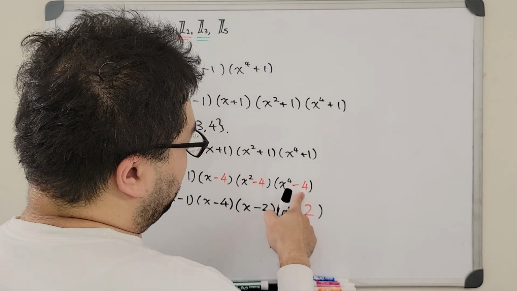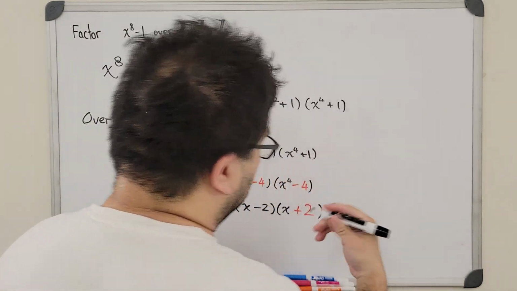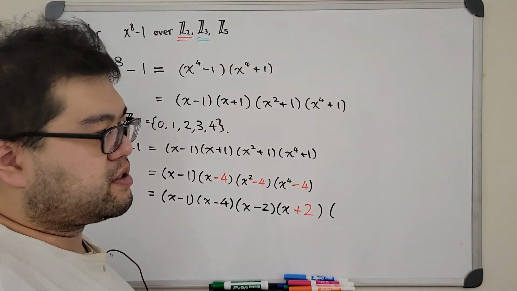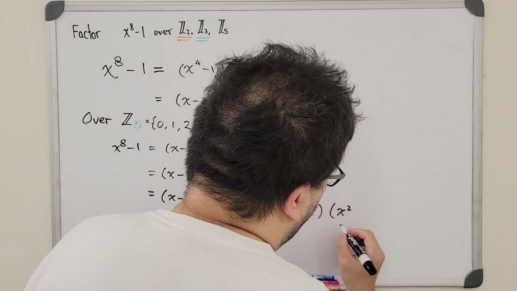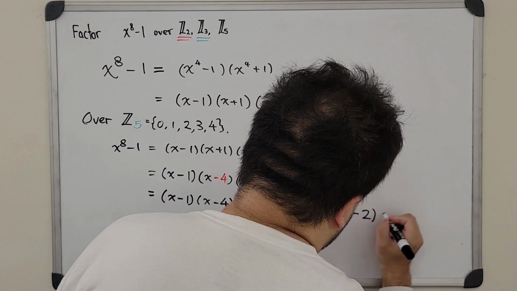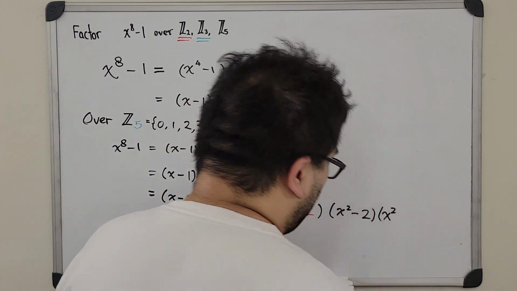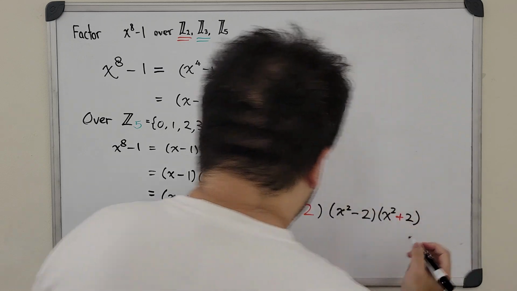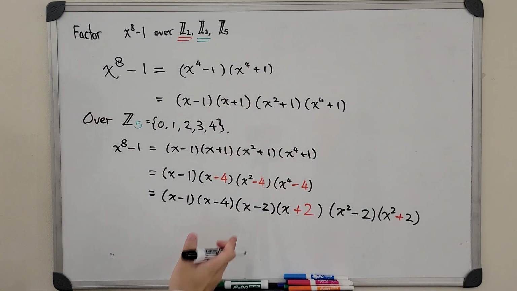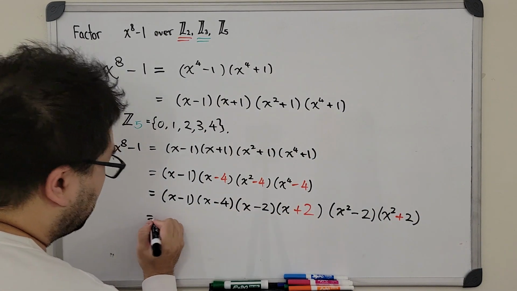Last, we have x to the 4th power minus 4, and x to the 4th power is the same as x squared squared. So using the formula, we have x squared minus 2 times x squared plus 2.